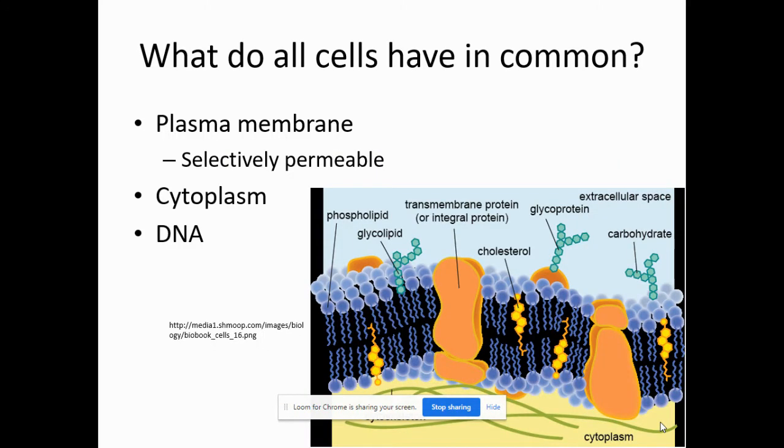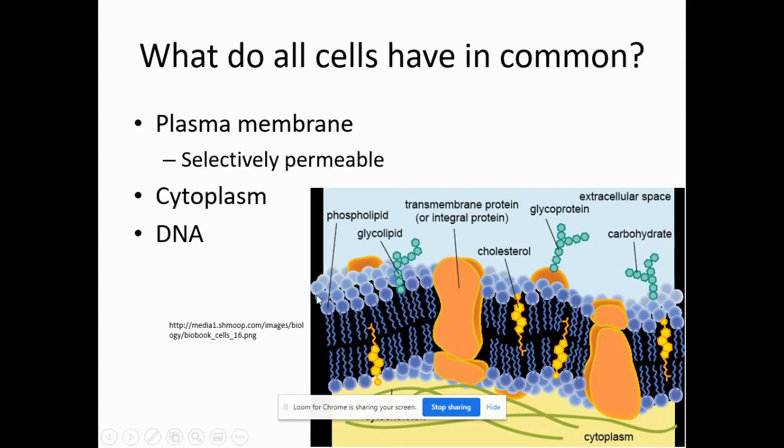But all cells have a few things in common. Every cell has a plasma membrane, okay, which is a boundary between the interior of the cell and the exterior environment. All right. And that plasma membrane is selectively permeable. And we'll deal more with plasma membranes in the next lecture. But remember, we said in the previous lecture that a main component of plasma membranes are phospholipids.